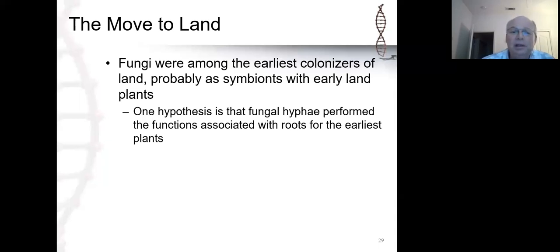But when we look at these plants, what we do notice is they have a symbiotic relationship with fungi. And those fungi are serving the function of roots. They're aiding those plants by mobilizing more water and more nutrients, more minerals out of the soil than the plants are capable of doing, because they lack roots to do it.